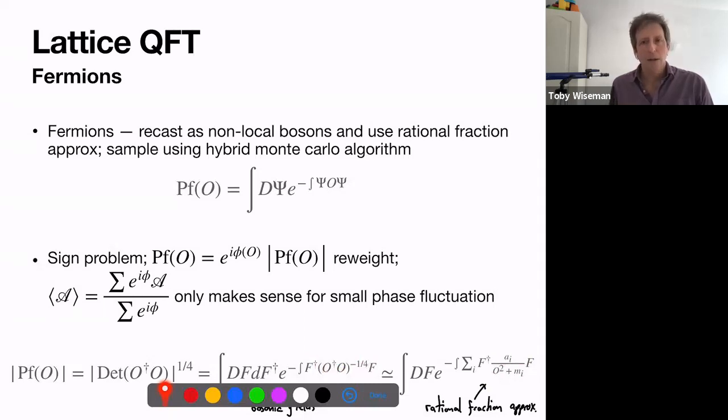By taking enough terms, you can make it an extremely good approximation over the range of eigenvalues of this operator where your configurations are going to live. So it actually works remarkably well.